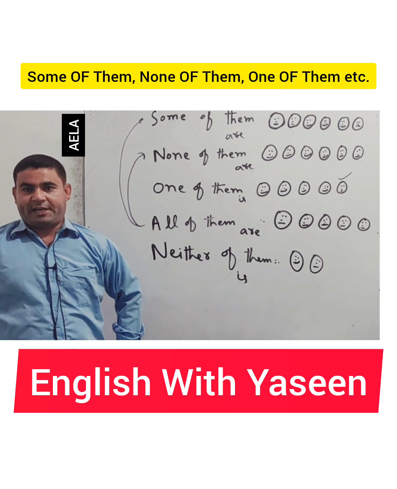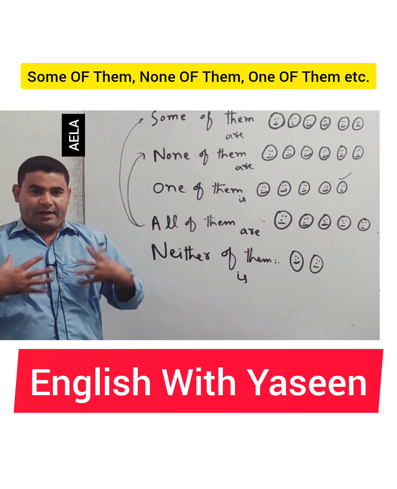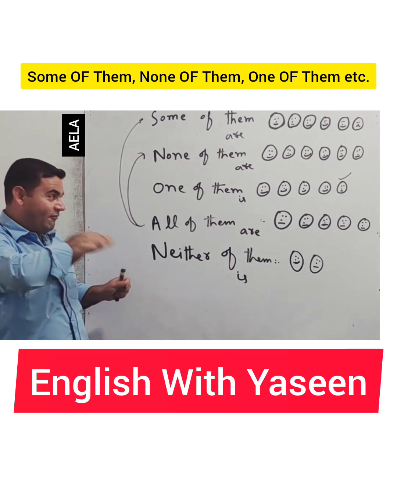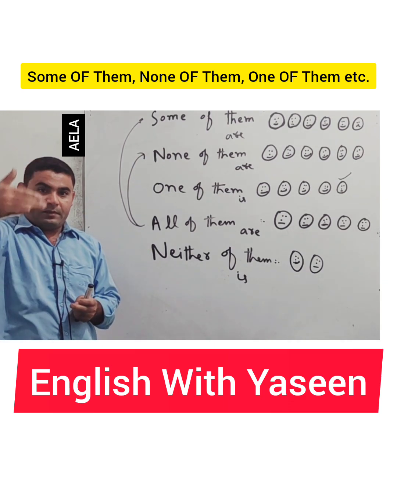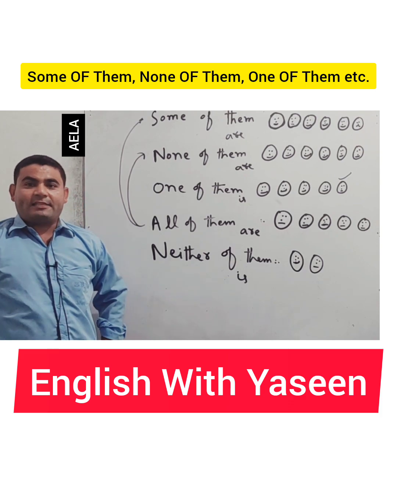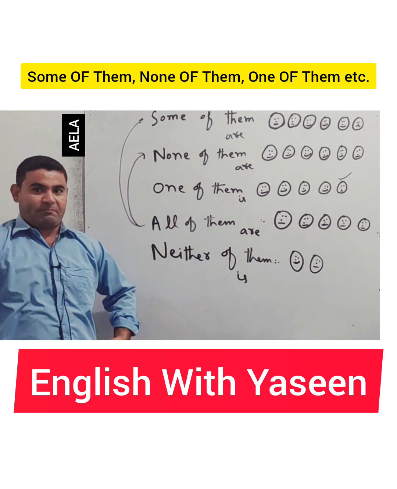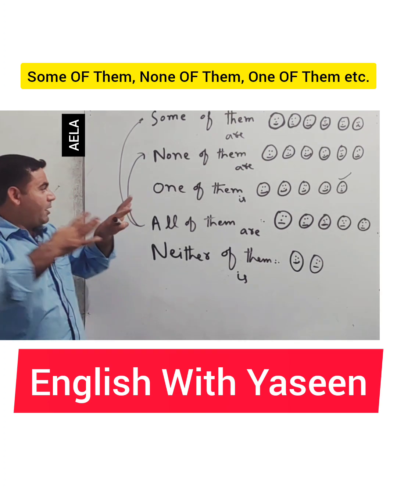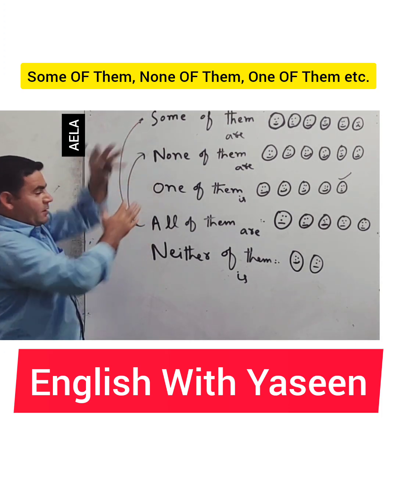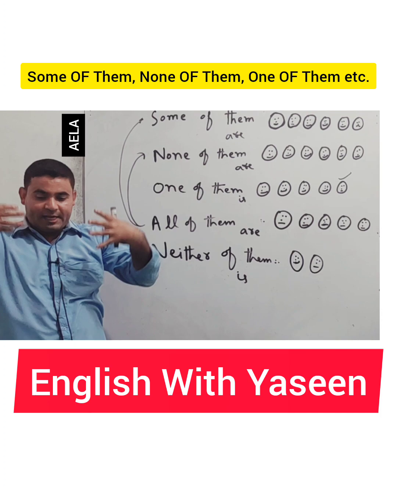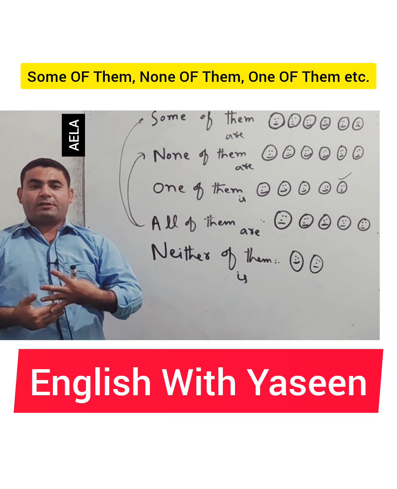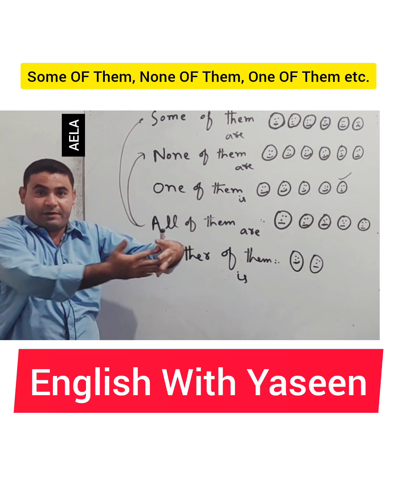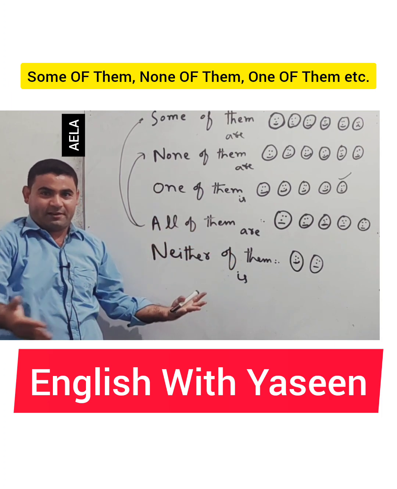For example, we are taking an English class, so if my class is good, I'm talking about my students, I say all of them are listening to me. It means that the class is good and I'm stressing the class being good. But if I say all of them were sleeping, it means the class was very boring and I'm emphasizing that the class was boring. So both in all of them and none of them, we emphasize an issue. We stress something being very interesting or very boring or very serious in a negative way and very serious in a positive way.